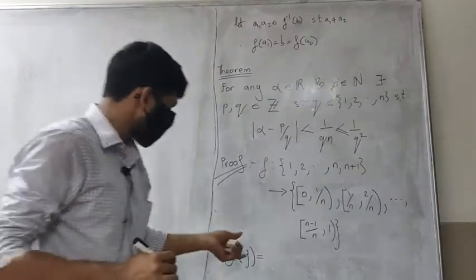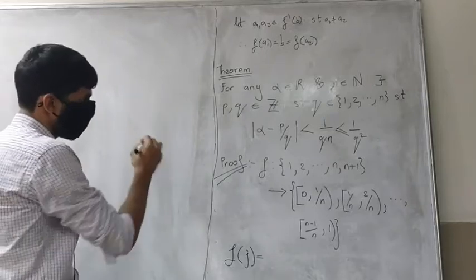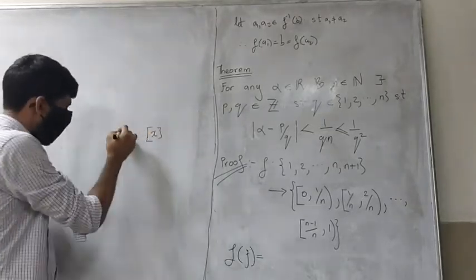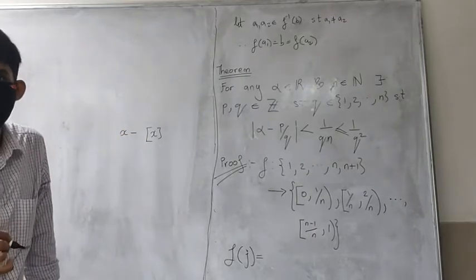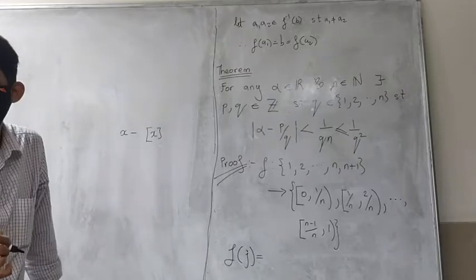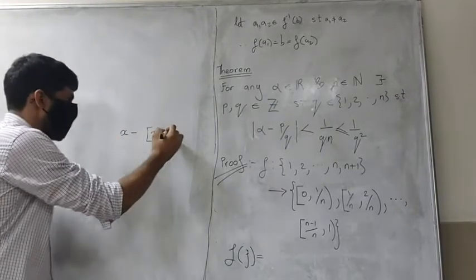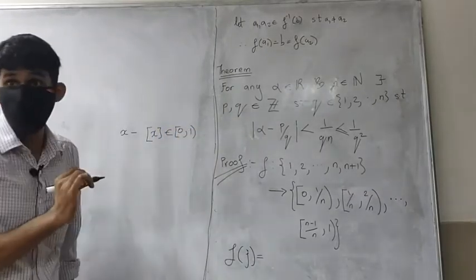See, we know that if you look at any x and subtract its integral part from it, this number lies in the interval 0, 1. I hope everyone agrees with this.